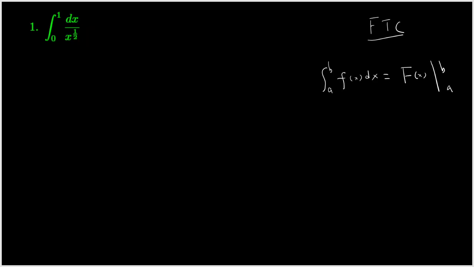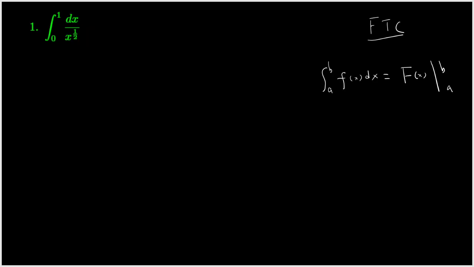This is the statement of FTC, the fundamental theorem of calculus. But there's an important condition you probably can remember: the function is integrable on the interval from a to b. Or in many cases, the function has to be continuous from a to b.